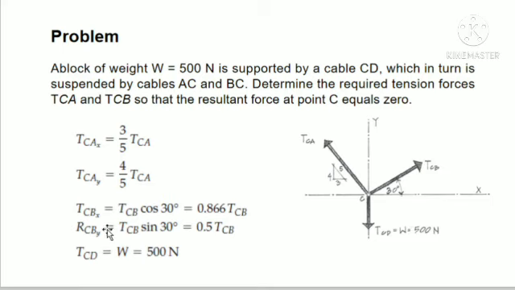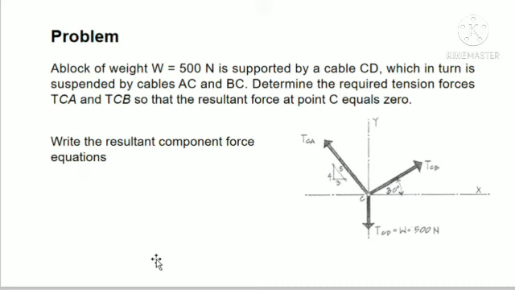That is equal to tension CB times sine of 30. Why sine of 30? Because the angle is opposite to the axis. That is equal to 0.5 of tension CB. Tension CD is equal to W, which is equal to 500 Newton.